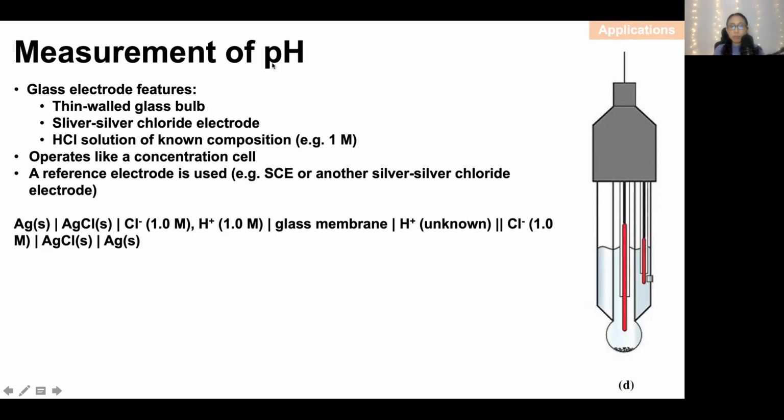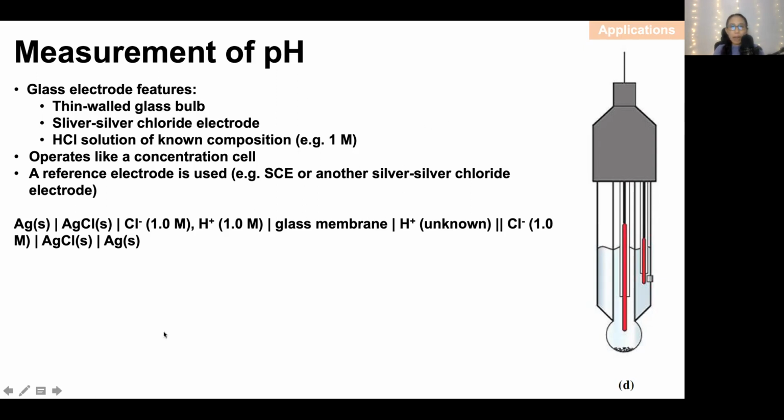Now, the measurement of pH by your glass electrode is based on the concept of your concentration cell, as we will see in a short while. And then, aside from your standard silver chloride electrode, there is another reference electrode inside. So the glass electrode has 2 electrodes inside. So aside from the silver chloride, it can have another silver chloride, or the reference electrode can be your saturated calomel electrode.